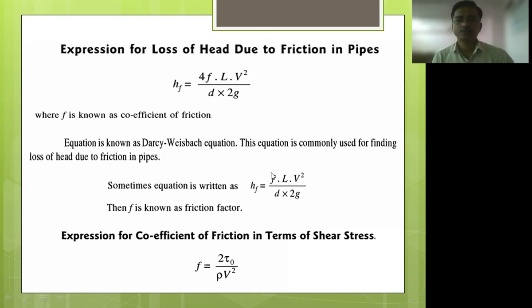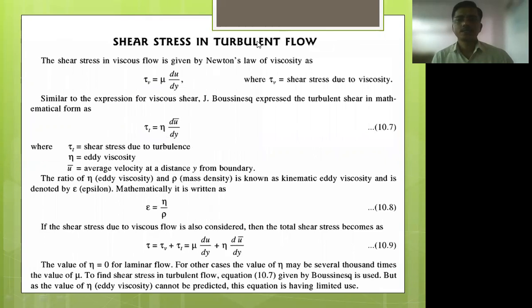We are going to derive this equation in coming points. So in case of turbulent flow, the loss of head is given by this equation. Also the expression for the coefficient of friction in terms of shear stress is given like this. This equation we will derive afterwards. Shear stress in the turbulent flow.